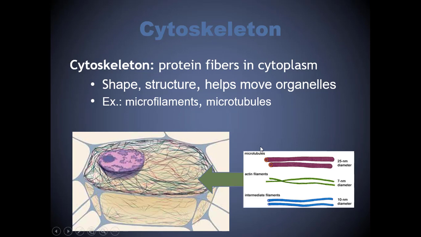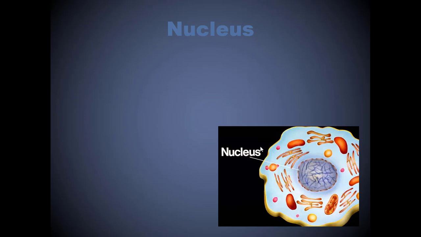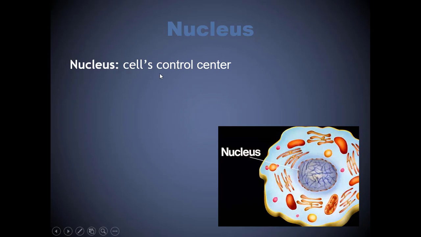Alright, and we go to the nucleus, the most important organelle in cells. Okay, and as its description suggests, the cell's control center. So it tells you that it is a very crucial organelle. Just like if you take the whole human being and we are talking about the brain, take out the brain, they are nothing.